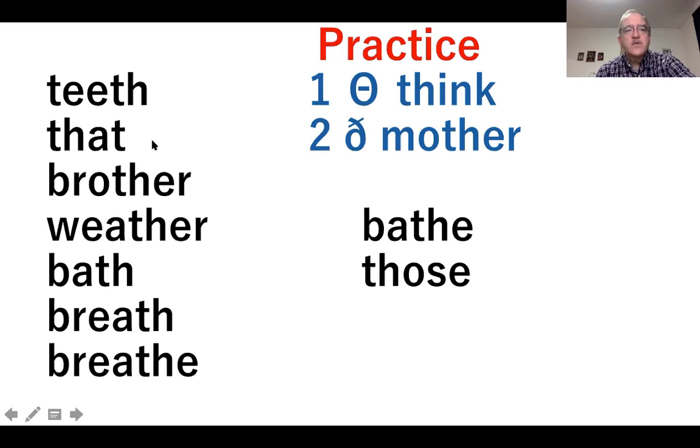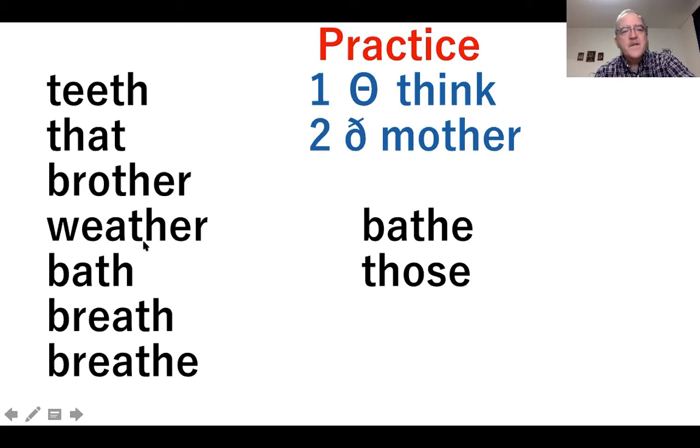Okay, let's go over the rules. Anytime TH is at the end, it has number 1, no voice. Unless the word is one of the 9 words you must memorize. Usually at the beginning of a word, the TH has no voice, but there are 9 words that you have to memorize. This, that, these, those, and others, and this is one of them. So it takes the voiced TH sound. Brother, it's in the middle. Any TH in the middle is voice.